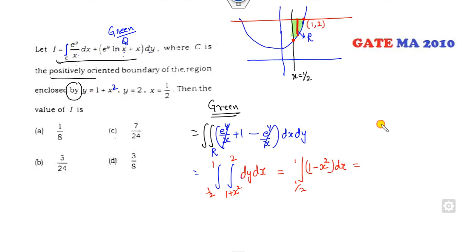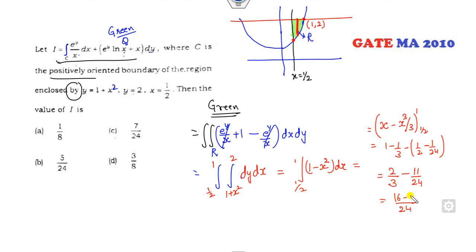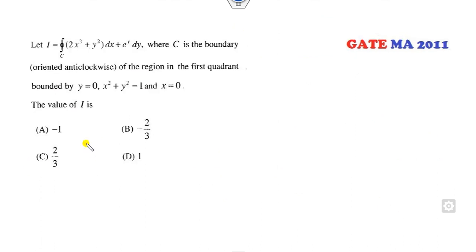The integration of this is x minus x cube over 3, between half and 1. So what is the answer of this? 1 minus 1 over 3, minus half minus 1 over 24. 24 is the LCM. Again 24 is the LCM. So it's 5 over 24, my right answer of this problem.